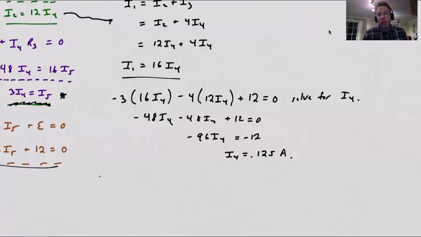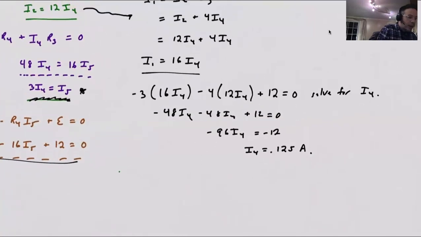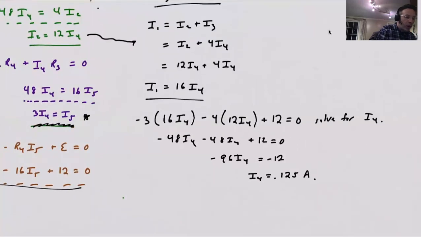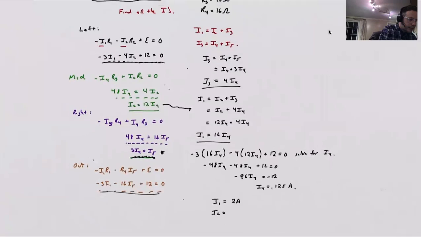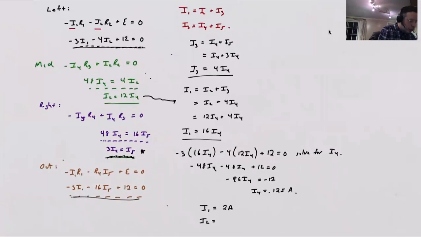So if we know I4 is 0.125 amps, let's go back and get all of the rest then, because I1 we said was 16 of them, which is 2 amps. We know that I2 was 12 of them.